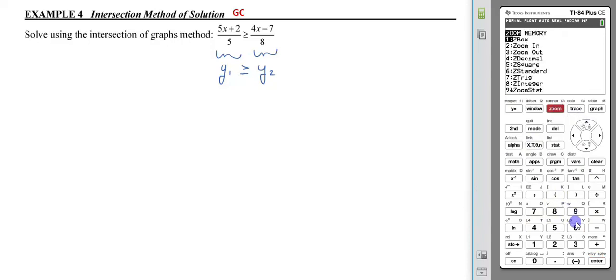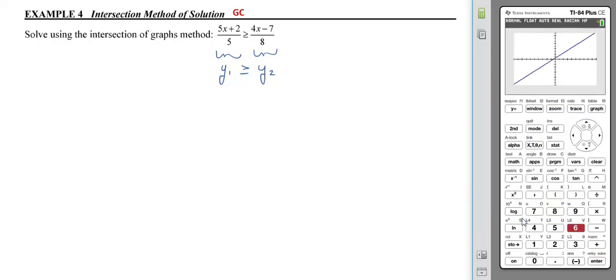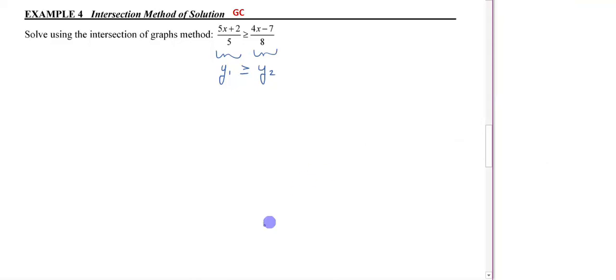We don't know where this is going to graph, so let's start with the standard window, and that worked well for us. So we see the intersection there. Let's go ahead and calculate where that intersection is, curve 1 and curve 2. And we get this intersection.